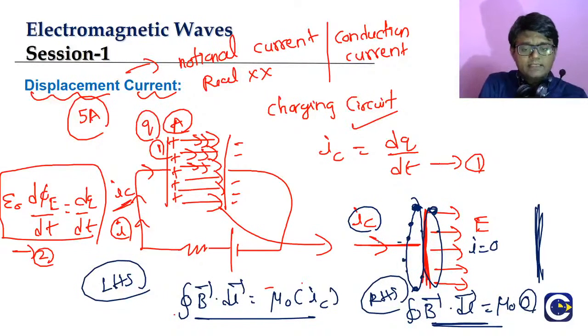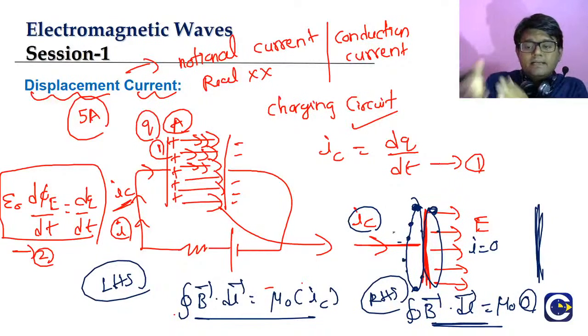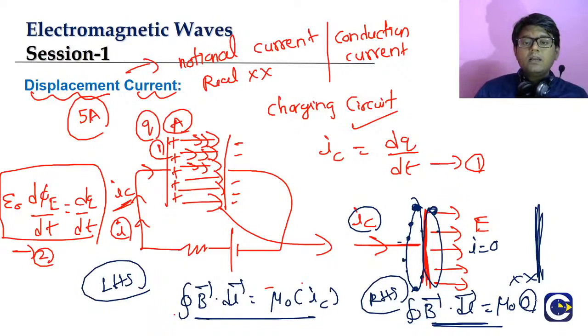But on the right hand side, there is no current going through the loop, so we should be putting mu naught into 0. This is a contradiction, right? If there is a B value, integral B dot dl cannot be 0. Then how do we adjust for this?